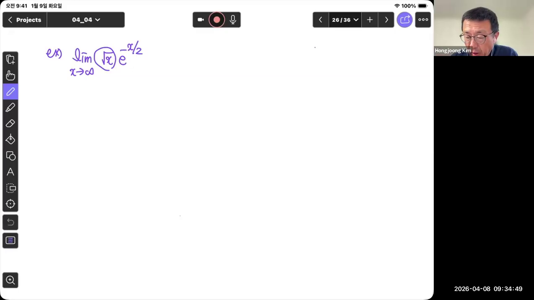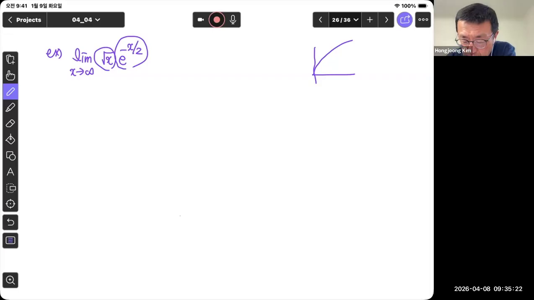As you know, the graph of the square root function is just 1/2 of the parabola, and the function is increasing without any bound. So square root of x will diverge to infinity. However, in the case of e to the negative x over 2, the exponent diverges to negative infinity. Then the exponential function decreases to 0.